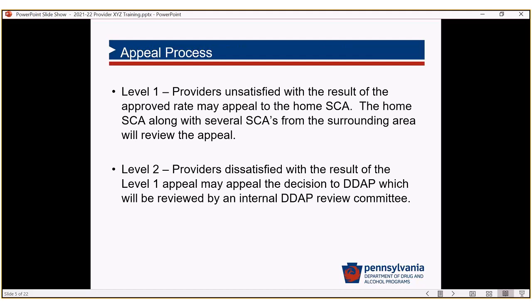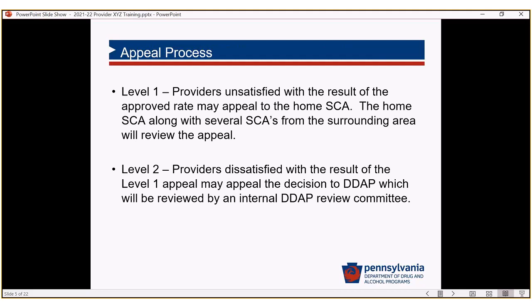Level 1 is where a provider that's not happy with the rate that was designated by the SCA can appeal that rate to the home SCA, and then the home SCA, in conjunction with several SCAs from the area, would get together and review the appeal and determine whether there needs to be a change to that rate.